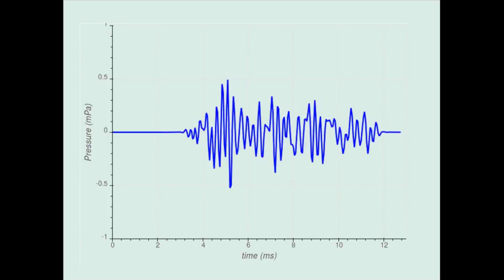So this is a real one that's been recorded, and at the beginning we have had to insert some silence just to blank out the residual stimulus, because the stimulus is around 1,000 times bigger than the response. And there's the response with the high frequencies at the beginning and the low frequencies later on.